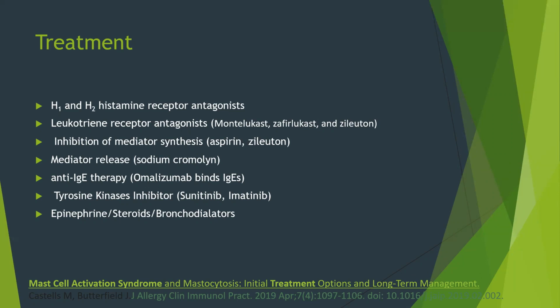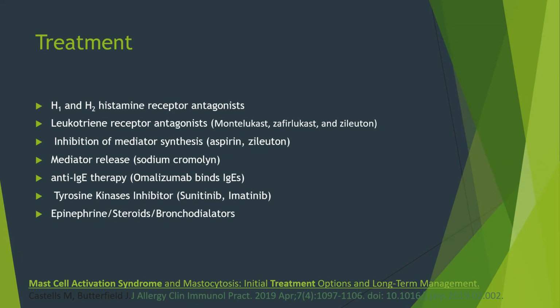And that's why it's in both leukotriene receptor antagonists and inhibition of mediator synthesis. And aspirin will be in that category too. So for some people, aspirin could be bad because it actually will trigger their mast cell activation. But for some people, apparently, it can be helpful.